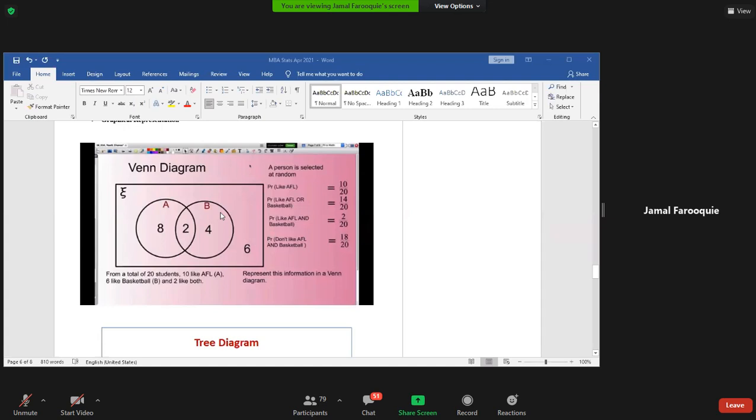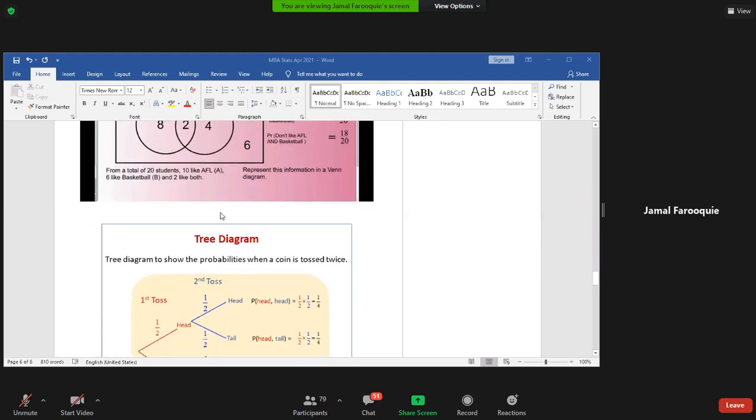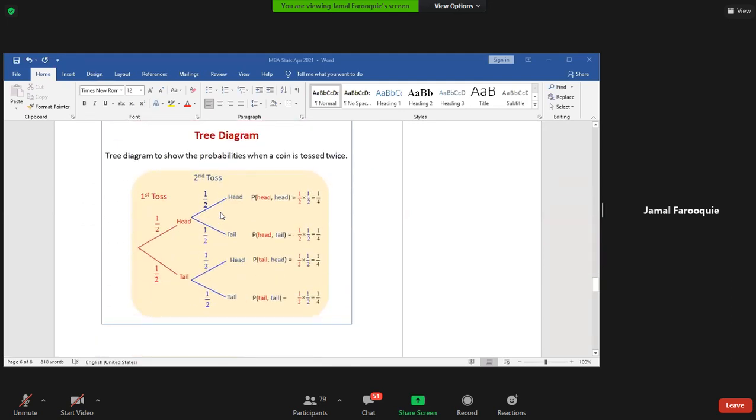So the Venn diagram is used to represent probabilities of different events A, B, C, whatever, as a result of a single trial. Whereas the tree diagram is used to represent the outcomes and their probabilities when we have a series of trials or series of experiments.